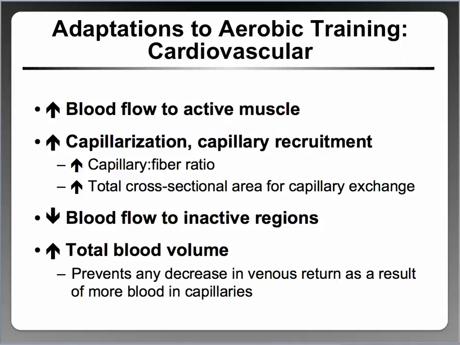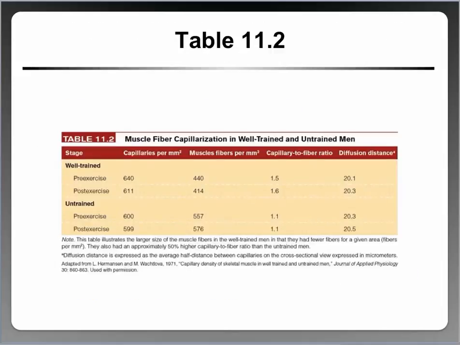So the net result is an increased ability to exchange oxygen and get nutrients to the working tissue. So I want to go back to this table really quick and point out a couple of things. If you're looking at the capillary to fiber ratio between untrained versus well-trained, you have basically a 50% higher capillary to fiber ratio after training.